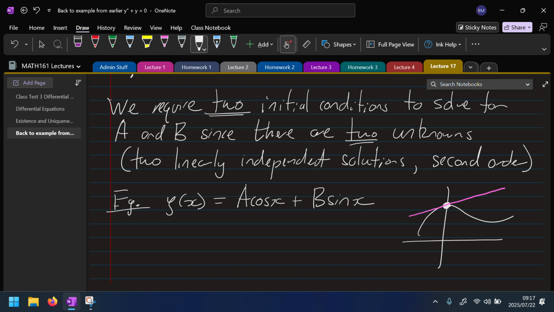Those are the two initial conditions. Let's say those are given as y of 0 is 1, and y prime of 0 is minus 2. So initial position, initial velocity.